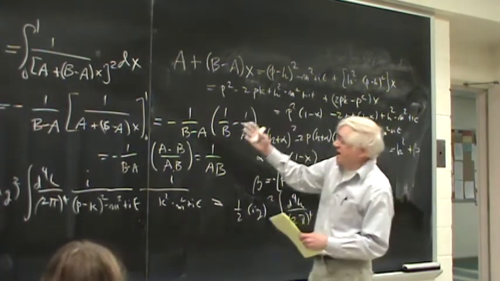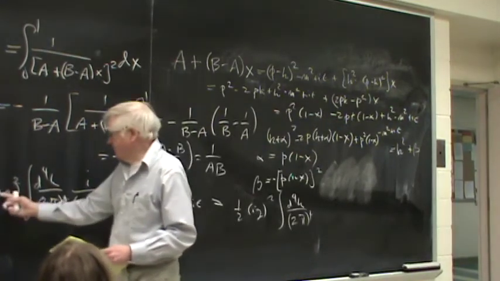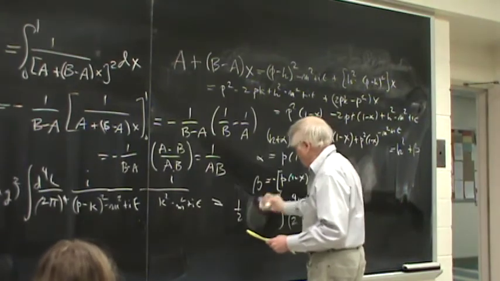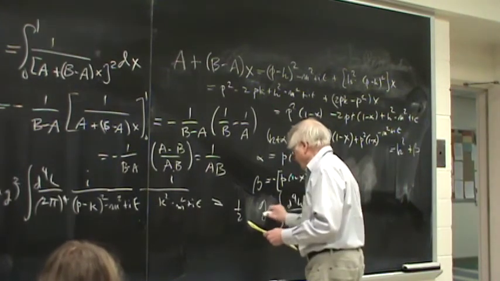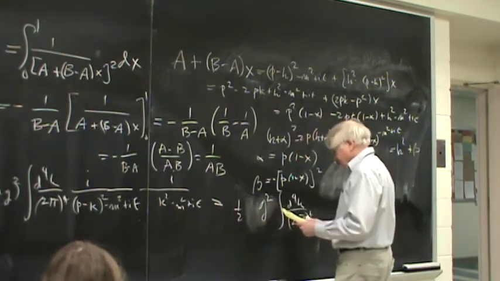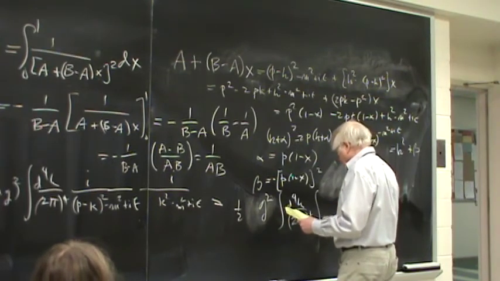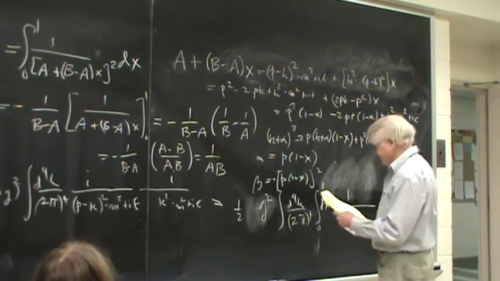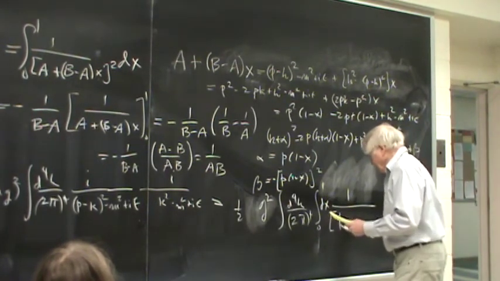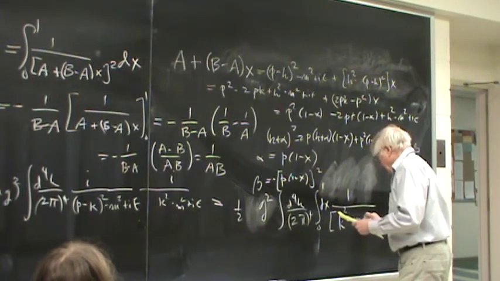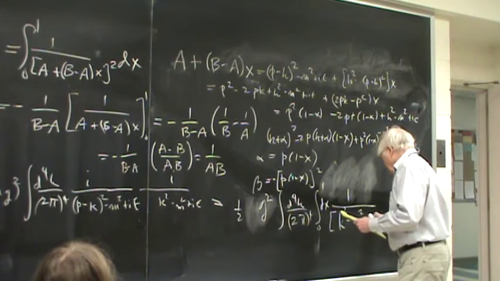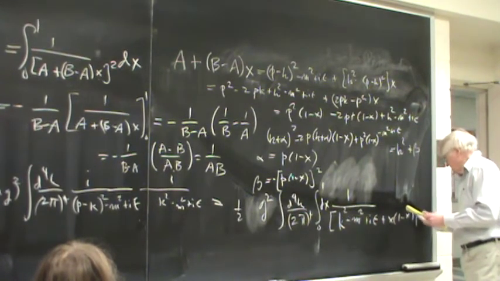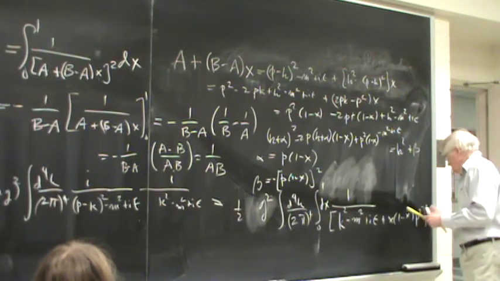Well, there are 2 i's here, and there's 2 i's there. So altogether, this is just g squared over 2. Then d4k over (2 pi) to the 4th, integral 0 to 1 dx, and then what's left is (k squared minus m squared plus i epsilon plus x(1 minus x) p squared) squared.